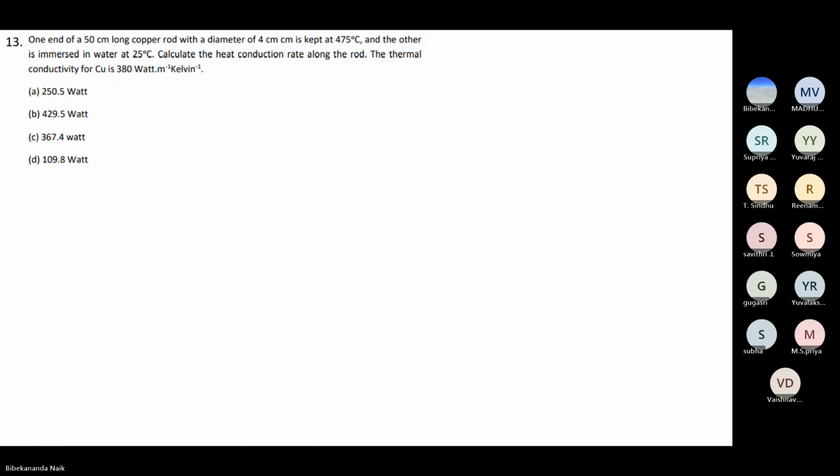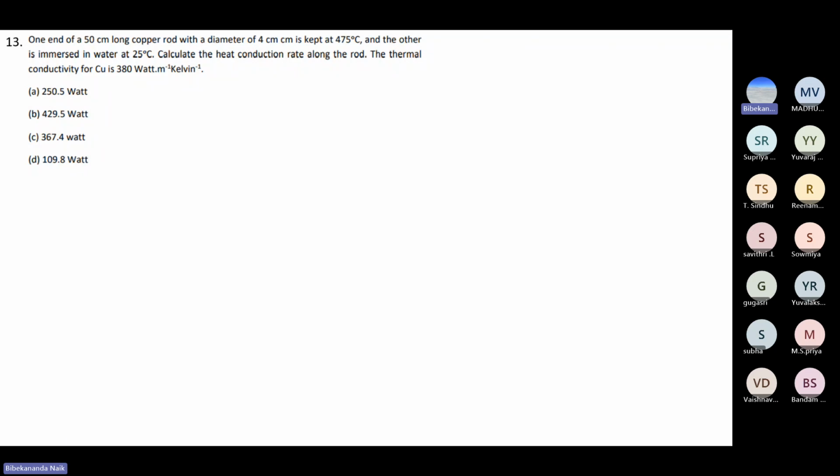So, what does the question say? There is a 50 centimeter long copper rod and the diameter is 4 centimeter. One end of the copper rod is placed at a temperature of 475 degrees Celsius and the other is immersed in water, which is at 25 degrees Celsius. So for a copper rod, there is a temperature gradient between its two ends, and due to this difference in temperature, there will be conduction of heat.